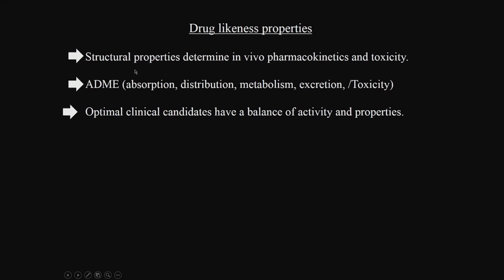A means absorption, D means distribution, M means metabolism, E means excretion, and of course nowadays they also include T into this, that is called toxicity. So, we can call it ADMET.